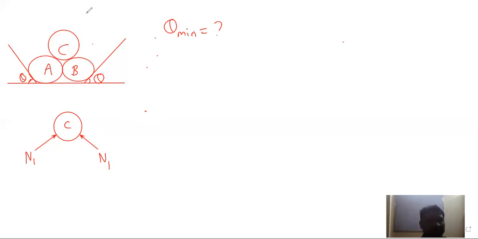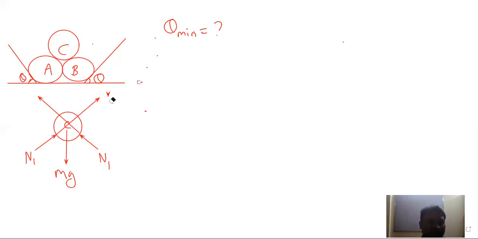Now the weight of the cylinder, mg, will act in downward direction. Now let us shift these normal reactions N1 parallel to themselves. So this is normal reaction N1 on extending, and this is also normal reaction N1 on extending.